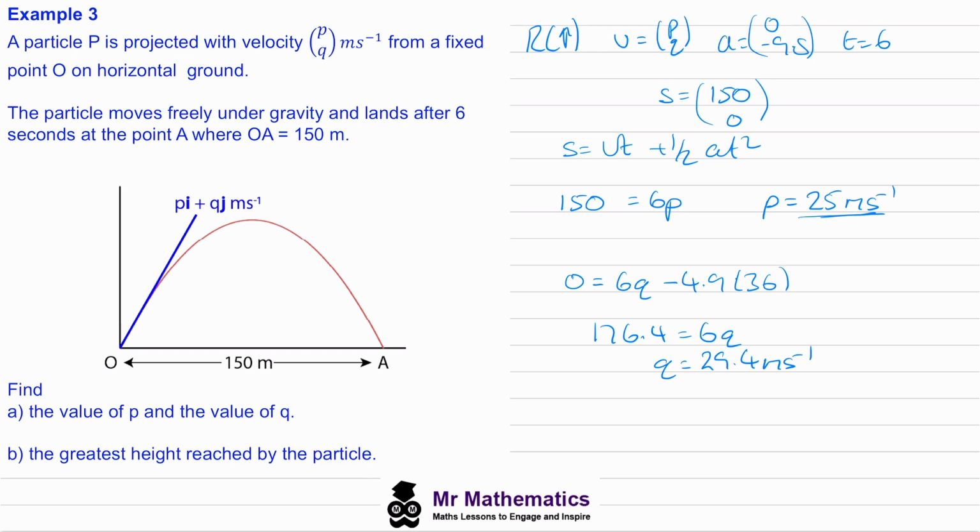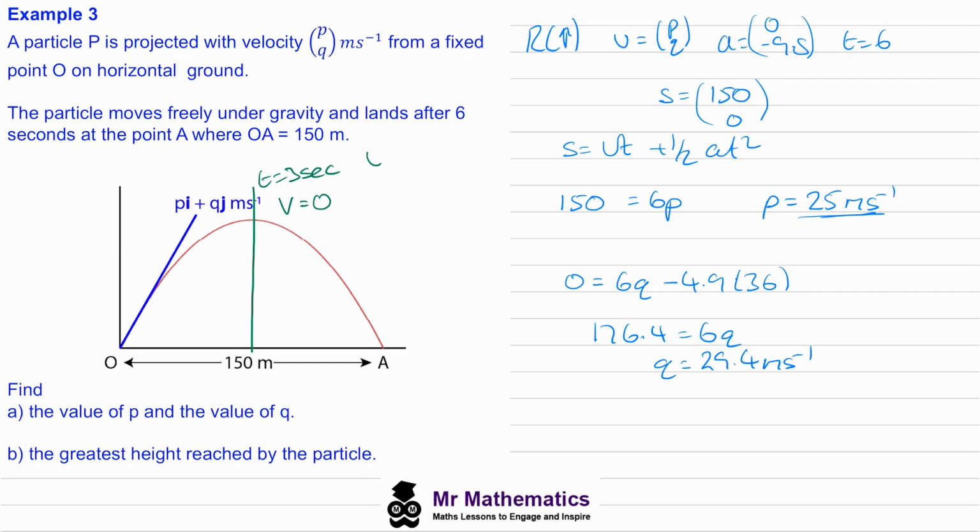And then for part B, find the greatest height reached by the particle. We know this is a parabola, and these are symmetrical about the maximum. So if it takes 6 seconds to go from O to A, it will take 3 seconds to get to the maximum. We also know our vertical velocity at 3 seconds will be equal to 0.